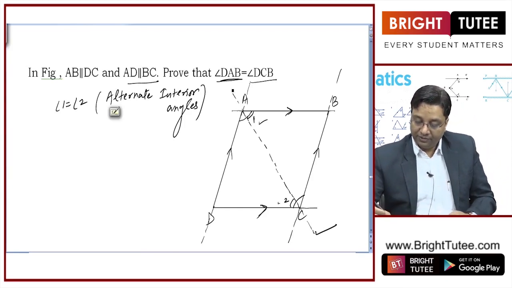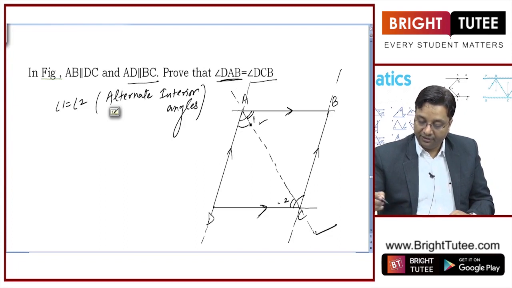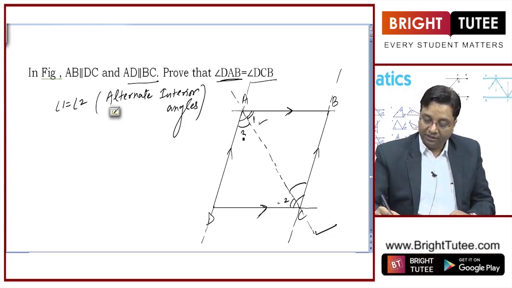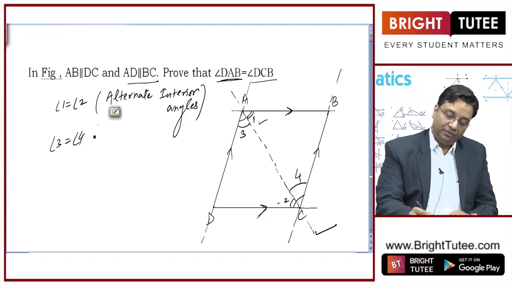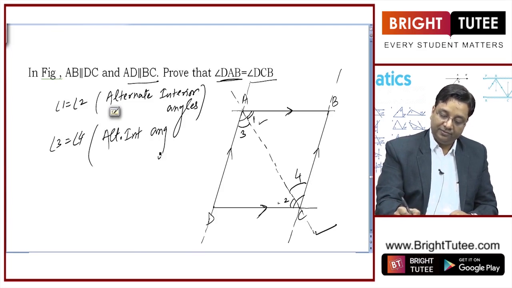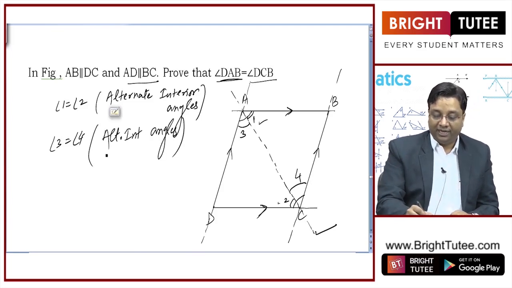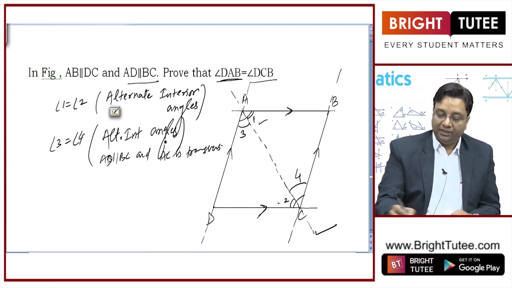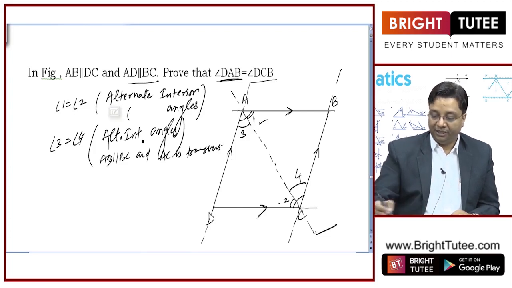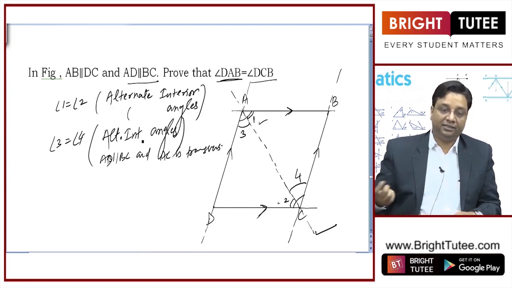Now this time this is the transversal, so this angle here will be equal to this angle. If this is 3 and this is 4, so angle 3 will be equal to angle 4 because of the same reason, alternate interior angles. Okay, you might like to mention that AB is parallel to CD. In this case you will mention that AD is parallel to BC and AC is transversal. In this you may mention the reason that AB is parallel to CD and AC is the transversal.